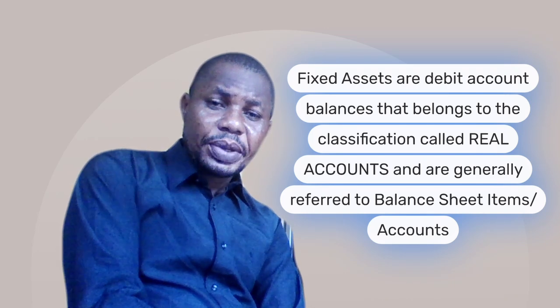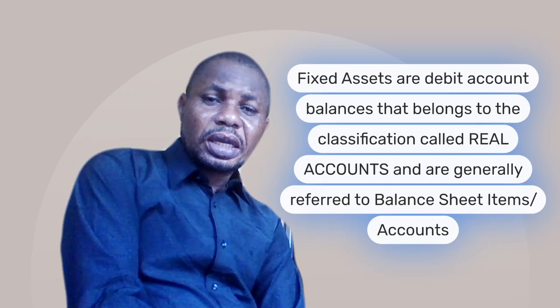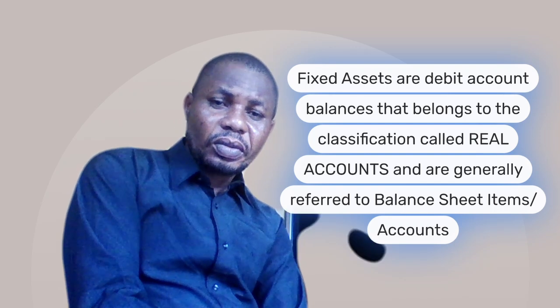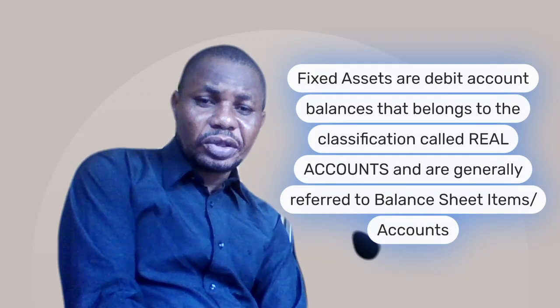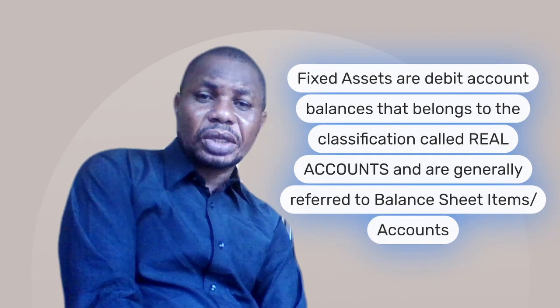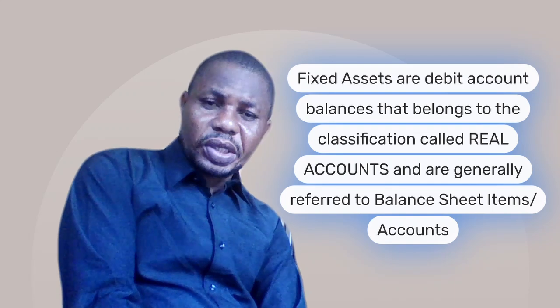They are debit accounts and they belong to the classification of ledger account called the real account, which is generally referred to as balance sheet items. They don't appear in the profit and loss account or income statement.